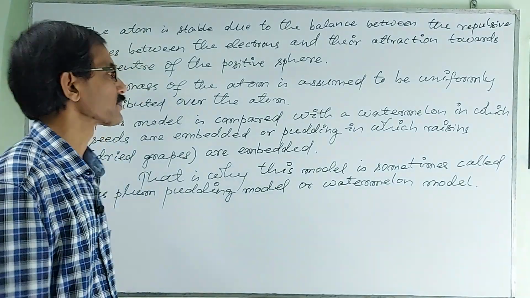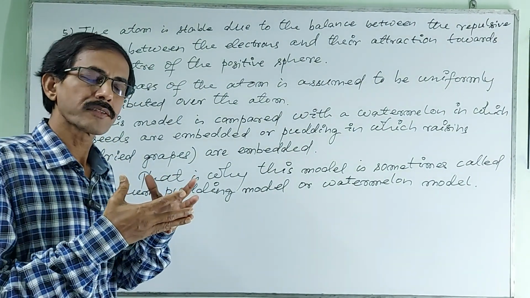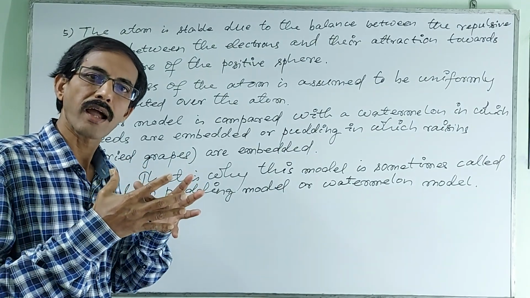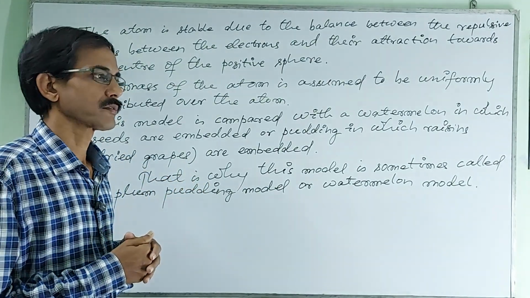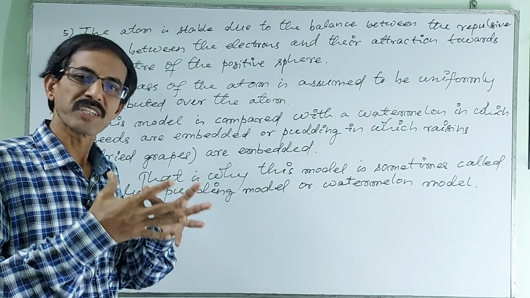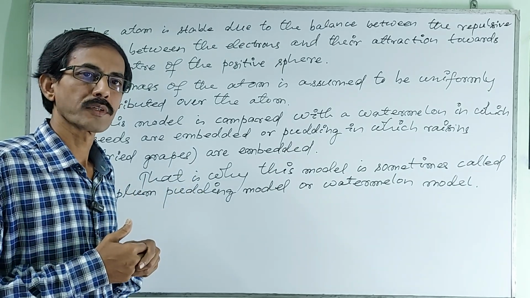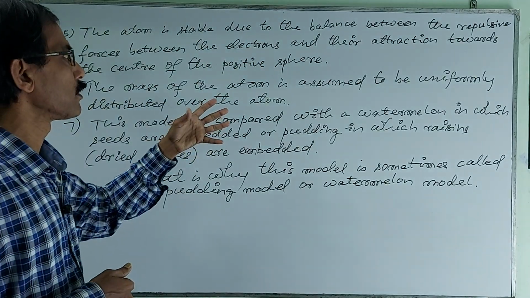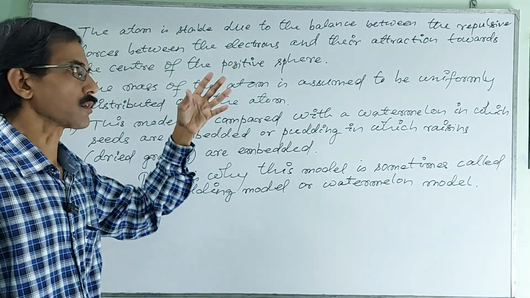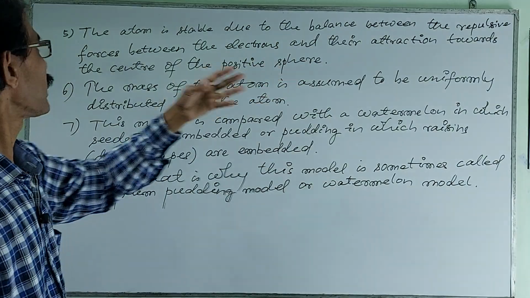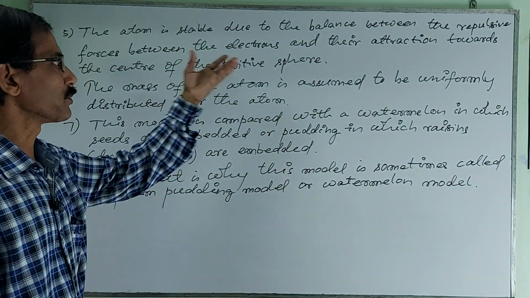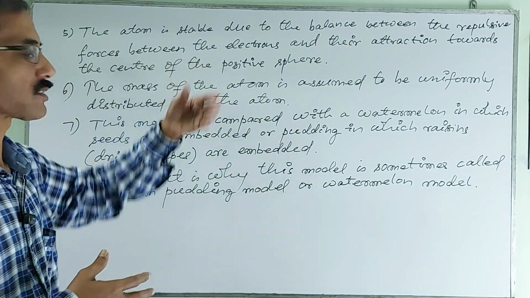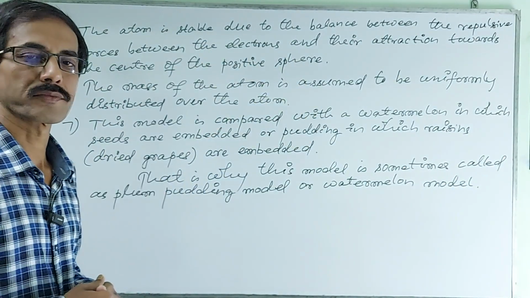Dear students, there is a repulsion between similar charges, repulsion between electrons and electrons, protons between protons and protons. So the atom is stable according to J.J. Thomson due to the balance between the repulsive forces between the electrons and their attraction towards the center of the positive sphere.